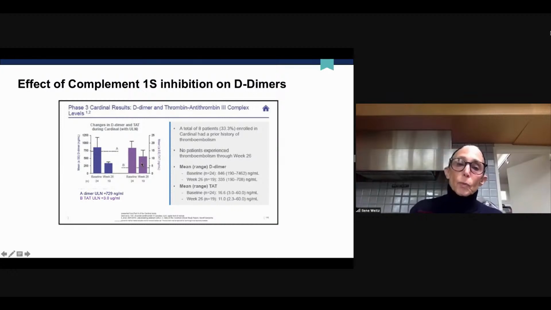Again, this is what we saw in the PNH data, and I think this will hold up in the C1s data over time, suggesting that no patients had thromboembolic complications while on the trial, and they were not treated with anticoagulants unless they had a previous thromboembolic complication.